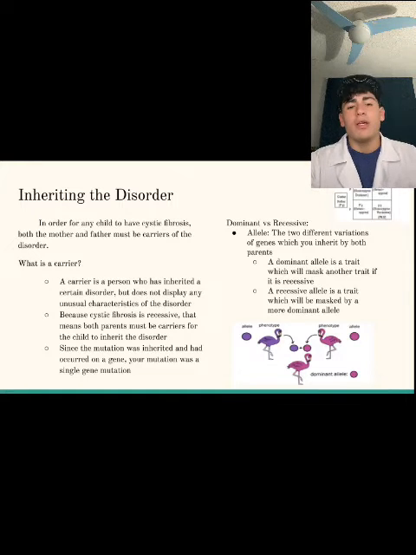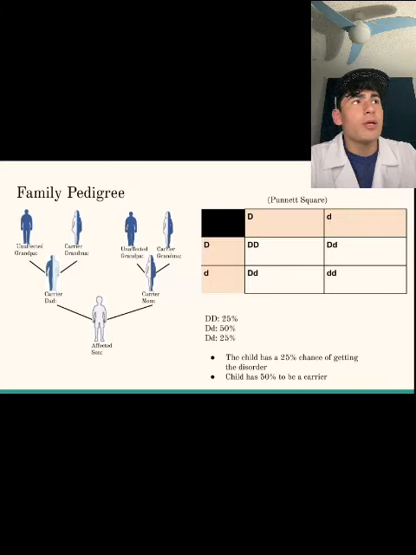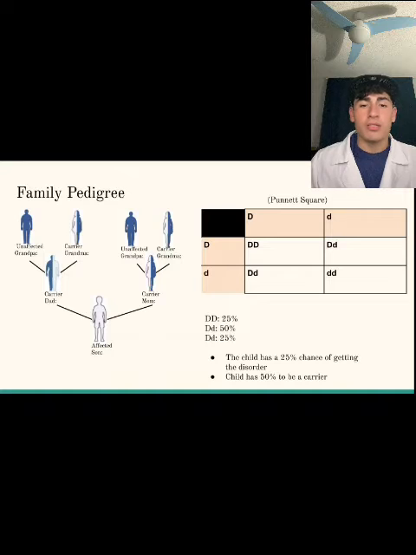If you take a look at your family pedigree really quick, we can see that your grandparents were carriers or unaffected by this trait, and from both sides of the family, it was passed on to the father and the mother, and they became carriers.